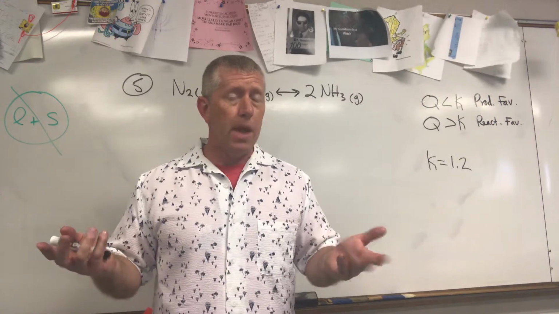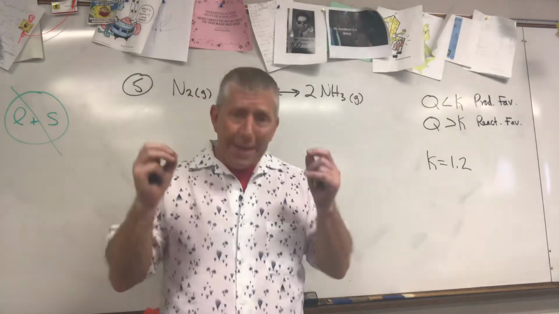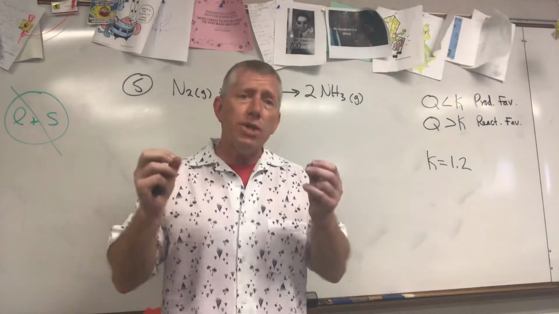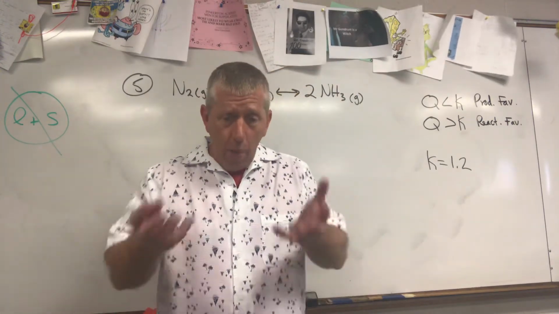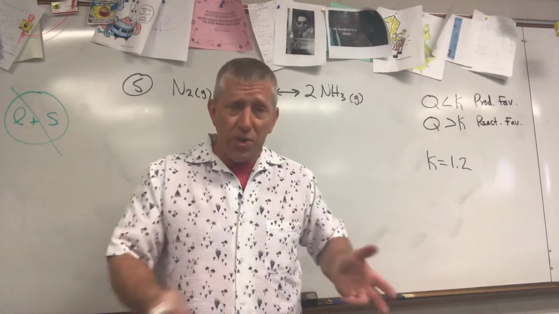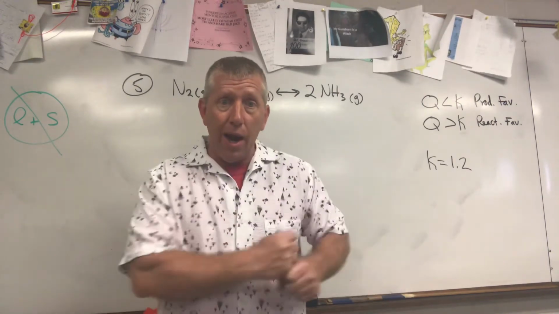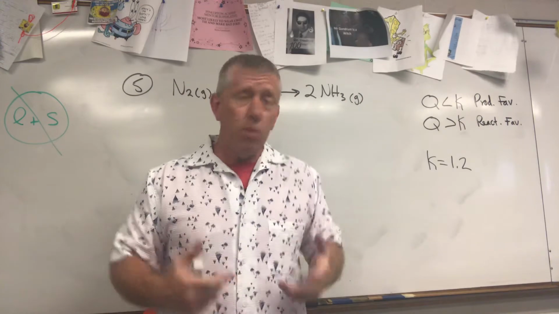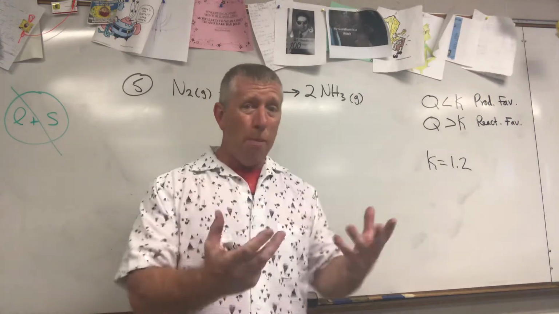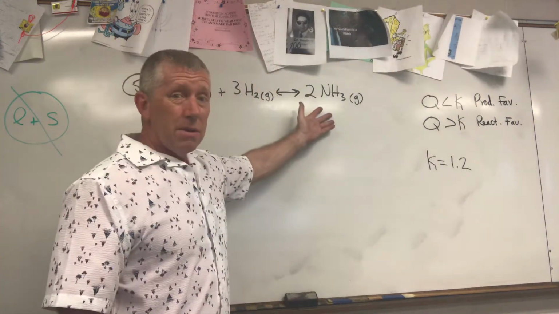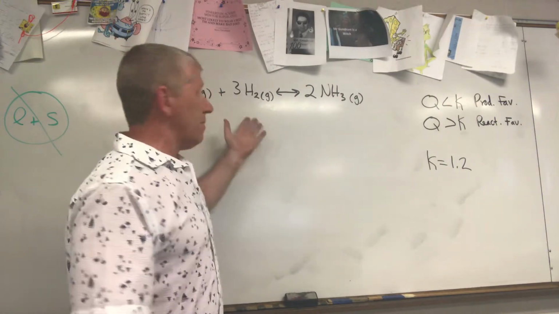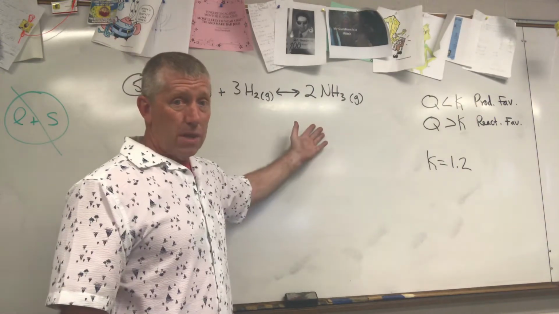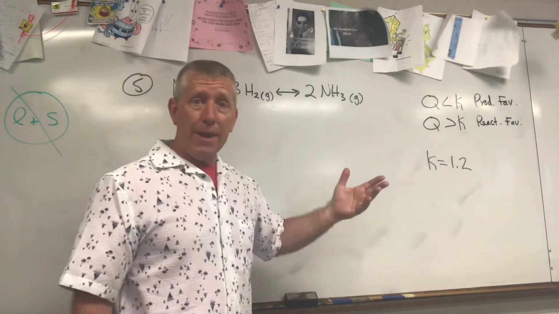We don't know. But at the beginning, we don't know, when you throw a whole bunch of stuff together in your witch's cauldron and get a reaction going, whether you threw in so much product that you might actually get reactants made, or you threw in a lot of reactant and not very much product, and you get product made.